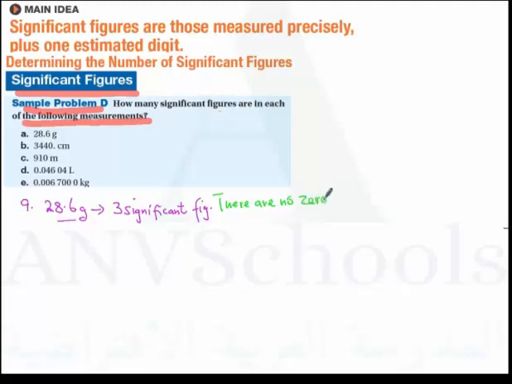Since there are no zeros, we follow rule number one, which says that if there are no zeros, then all the digits are counted as significant.